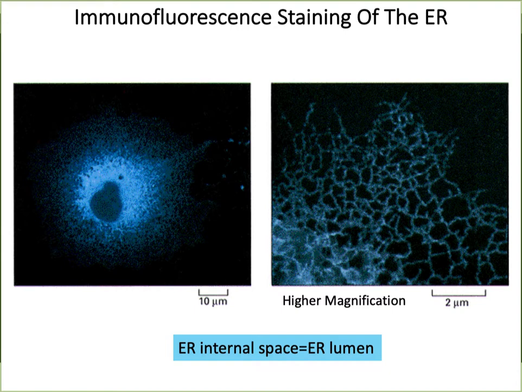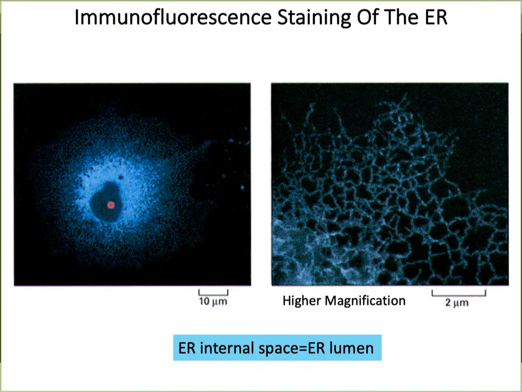But the endoplasmic reticulum is an enormous organelle. In higher eukaryotes, probably half of the cellular membrane is made up of the endoplasmic reticulum. It is a very large branched or network organelle. In this immunofluorescence image, you can see that in the lower magnification, the endoplasmic reticulum, which is stained blue, practically takes up the entire cell.